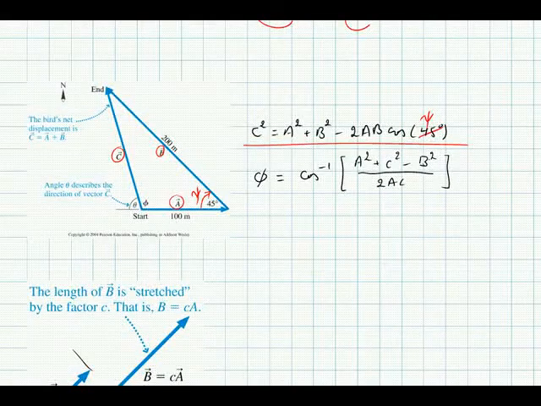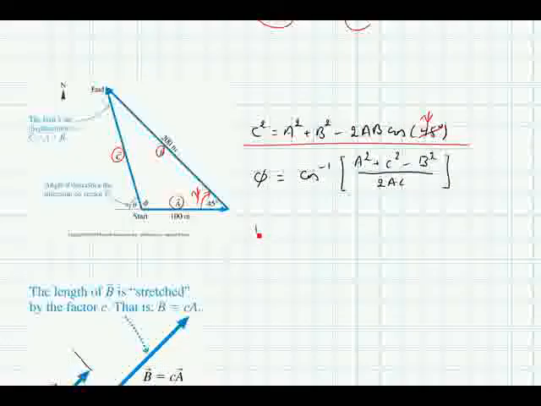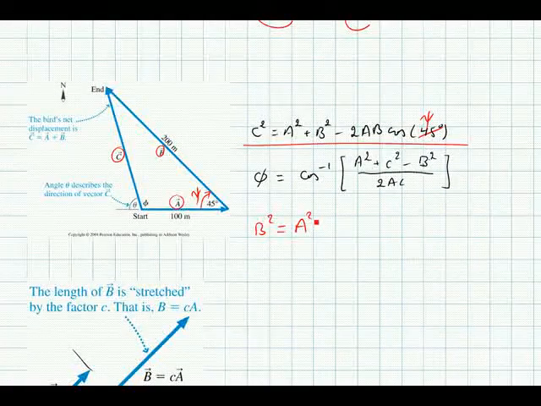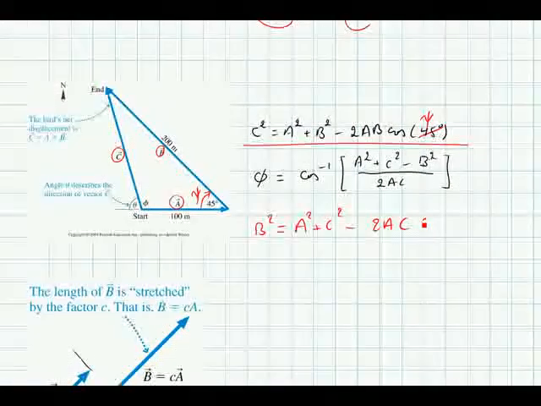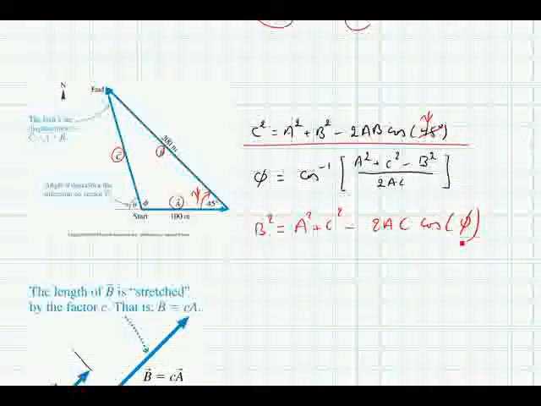You can also apply the cosines rule, for example, for this angle phi, where the opposite side is B, therefore B squared is equal to A squared plus C squared minus 2AC cosine of phi.